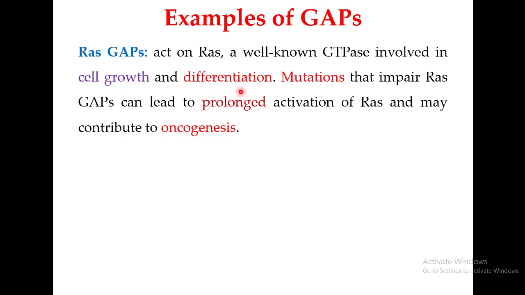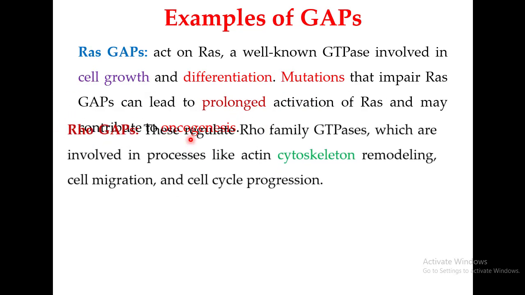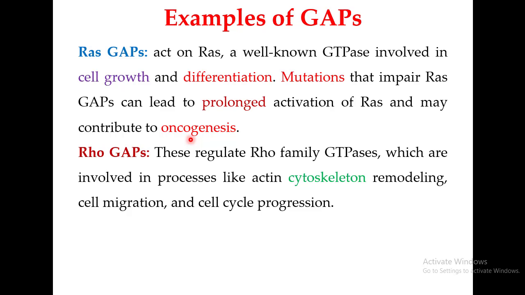Now, imagine mutations in the RAS protein. If a mutation in the RAS protein makes it active for a very long period of time, that can lead to oncogenesis, because this is very important in cell growth. So when cell growth is increased, that can lead to oncogenesis. Another important family of GAPs are known as the Rho GAPs.